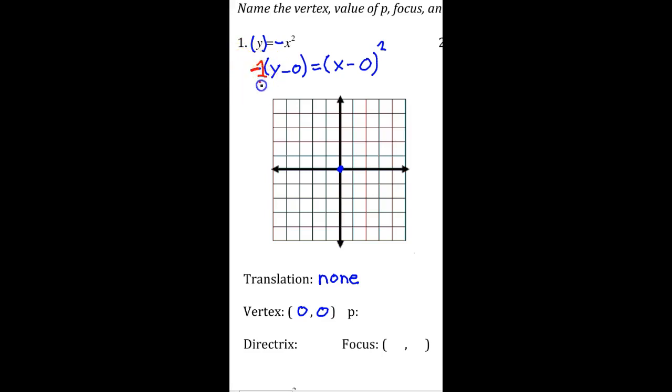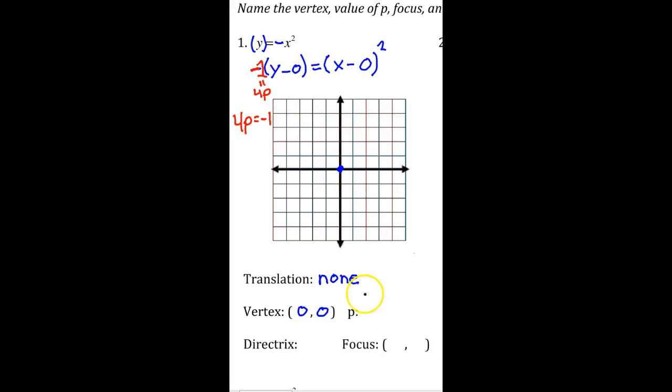Remember, this is equal to 4p, and that's the length of the latus rectum, the LLR. So if I want to find out what p equals, I'm going to solve 4p equals whatever this value is in front of the y parentheses for each problem. So the 4p stays the same, and the number it's equal to will change.